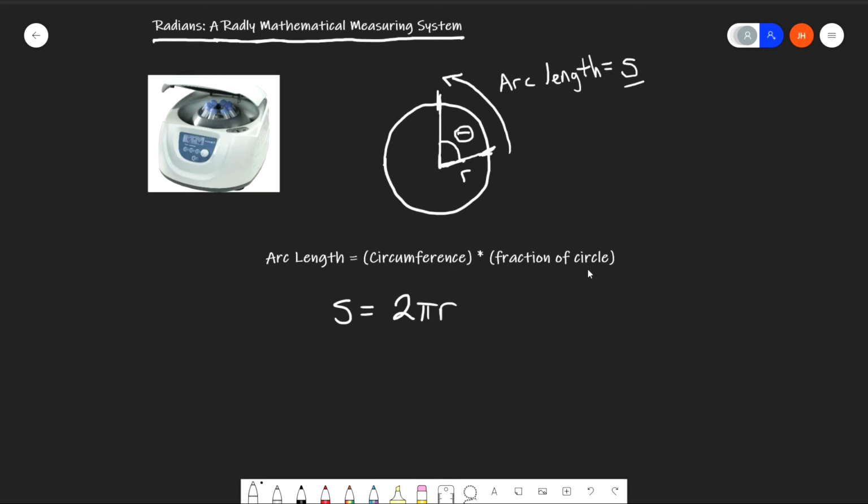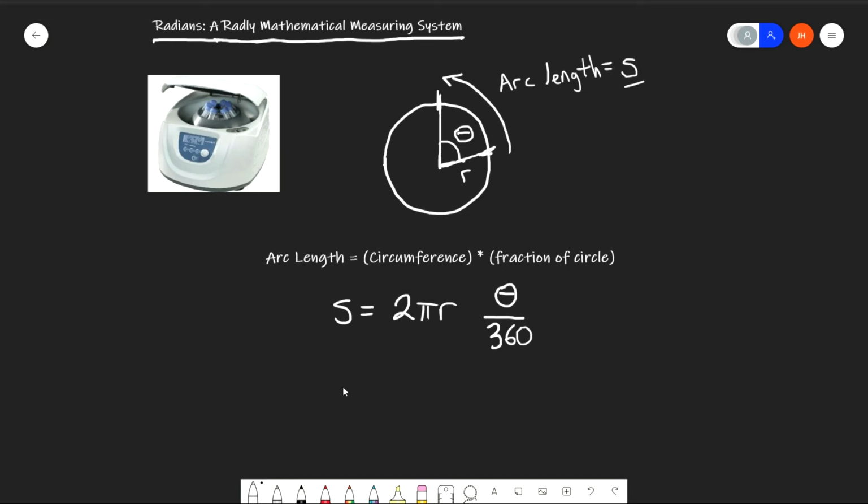Now, to calculate the fraction of the circle that I have here, I have to think about how much of the circle I have. I have theta degrees. And how much of the circle is there in total? Well, one full revolution in degrees, we said before, was 360. So in the end, to calculate an arc length in degrees, it's 2 pi times the radius times my angle over 360.